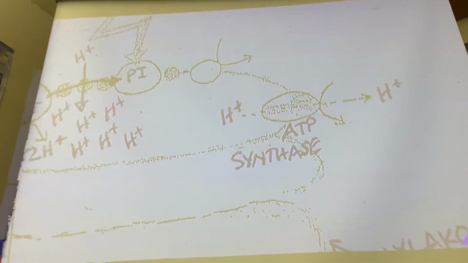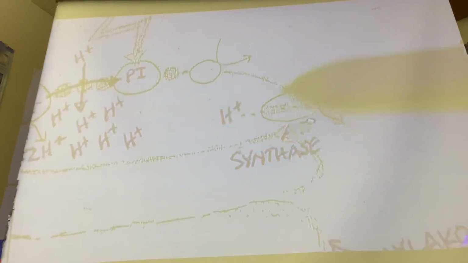Now, remember, as those protons go through that ATP synthase, it's actually like a corkscrew shape inside. So the force of the momentum as they go through is going to cause this ATP synthase to begin to spin.